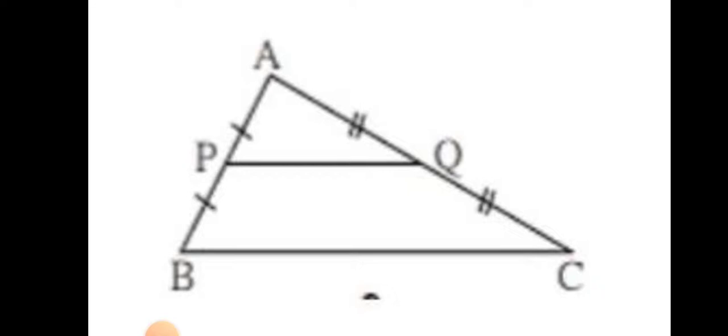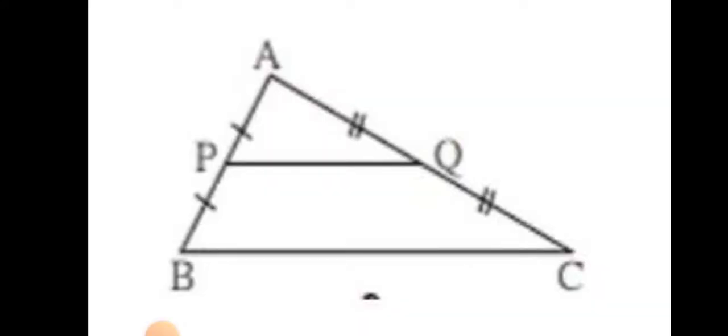P is the midpoint of AB and Q is the midpoint of AC. So here PQ is half of BC. PQ equal to half of BC.